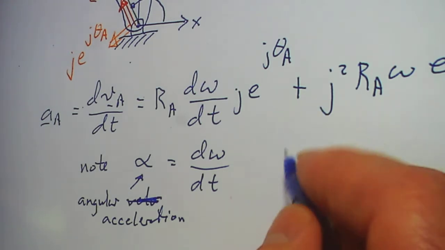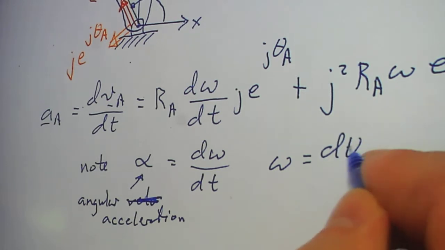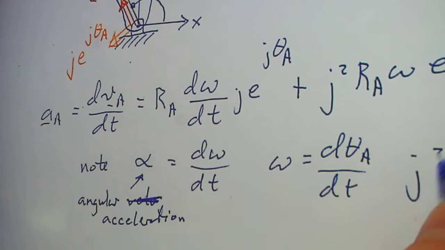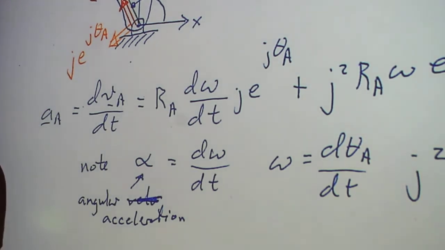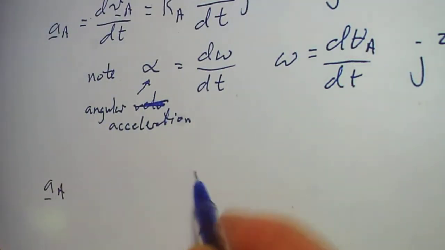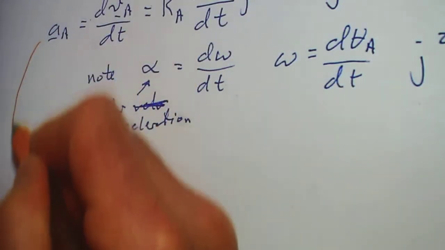And I also note that omega is the change of theta with respect to time. And I also note that j squared equals -1. Okay? So if I do that, I can say that the acceleration of A, I'm writing this again here.